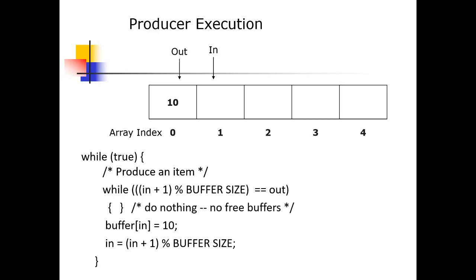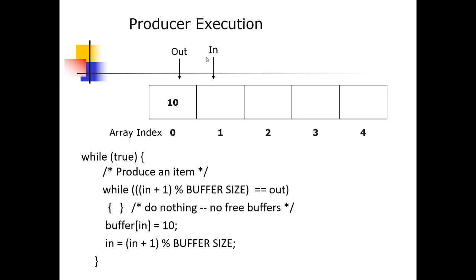Now the in is 1, so buffer 1 becomes 10, and the new in value becomes 1 plus 1 mod buffer size, 2 mod 5, so the new in value is 2. So buffer 1 becomes 10, and in moves to the next element.